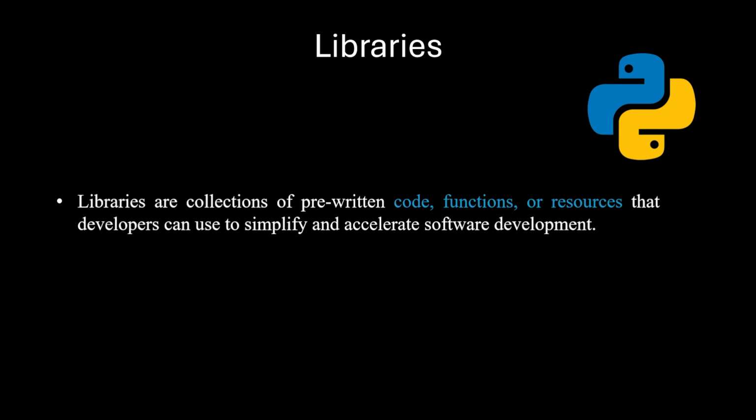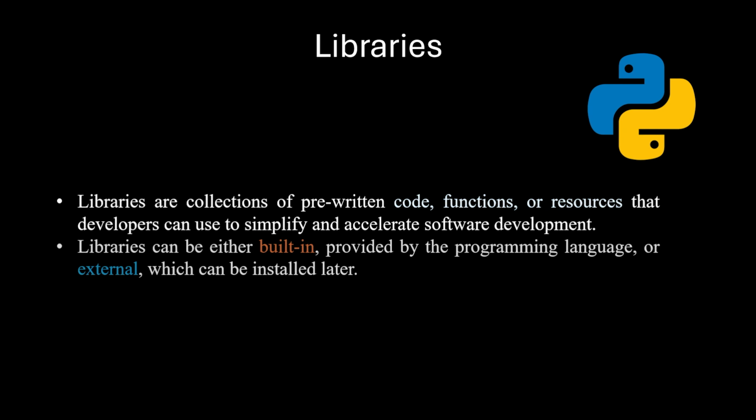They can be categorized into two main types: built-in libraries, which are included as part of a programming language's standard distribution, such as Python's math or datetime libraries, and external libraries, which are developed by third parties and can be installed later to extend functionality, like NumPy or TensorFlow. Libraries save developers time and effort, allowing them to focus on building unique features rather than reinventing the wheel.